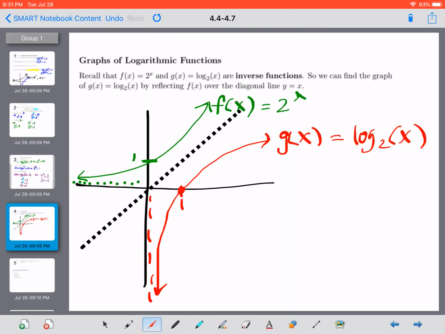So in general, this is what the general picture of log base a of x will look like as long as a is greater than 1. This is the basic curve that we're looking for. Some things to notice about this curve: it has a vertical asymptote at x equals 0.